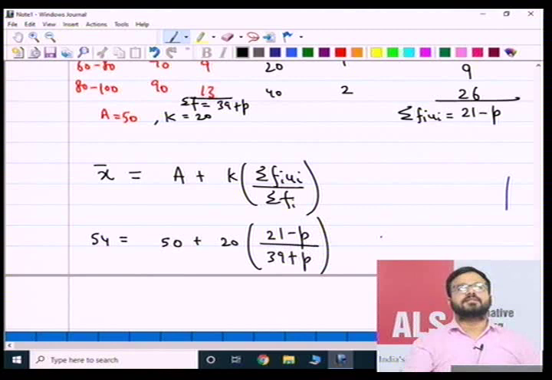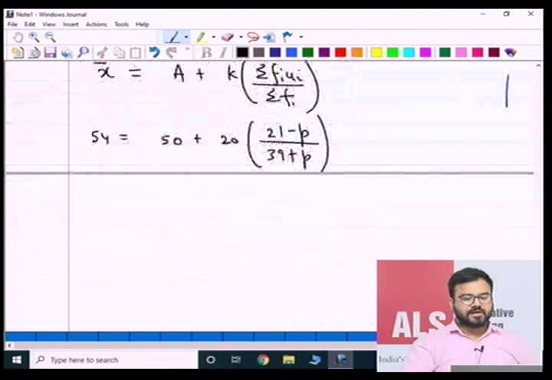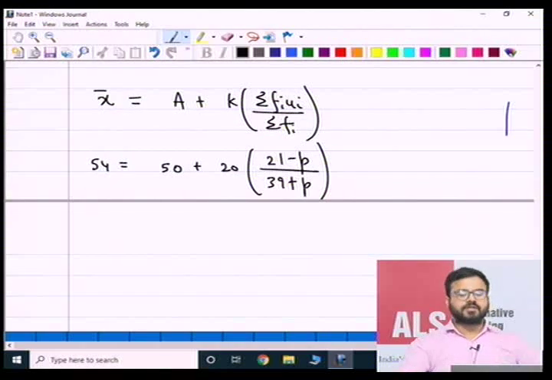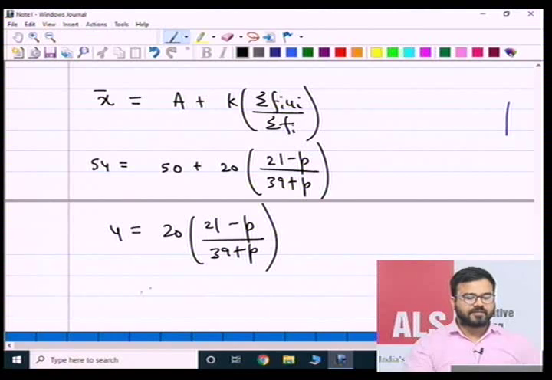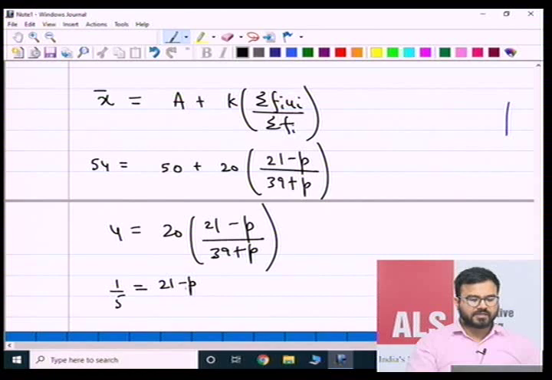So this is the linear equation which we have to solve to get the value for p, and we can solve it. Take this 50 on the left hand side. It will be 4 is equal to 20 times 21 minus p over 39 plus p. So it would be 1 by 5, that is equal to 21 minus p over 39 plus p, and then do the cross multiplication. 39 plus p is equal to 105 minus 5p.